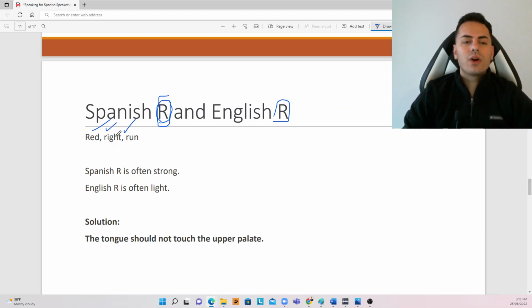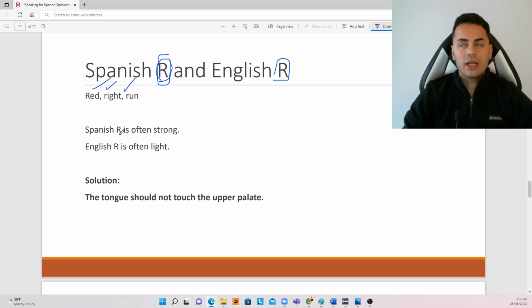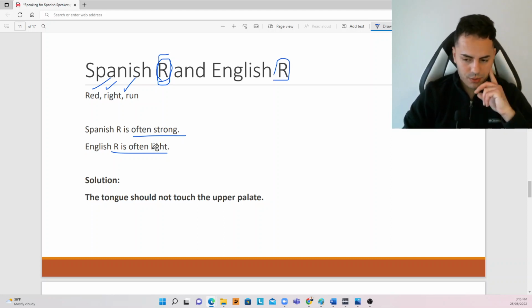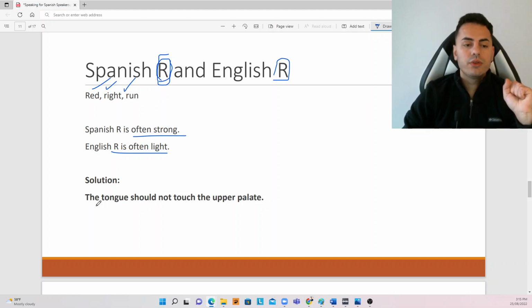The Spanish R is often strong, while English is light. I would say if you want to fix it, do it not for PTE purposes, because you're still going to get a good score even if you have the Spanish R. If you want to fix it, make sure the tongue is not touching the upper palate, or if you want to touch it, just let it touch very smoothly. Right, red, run.